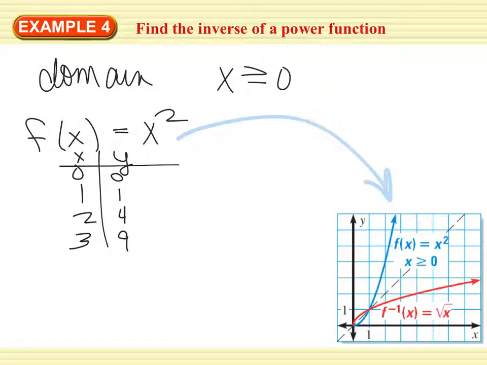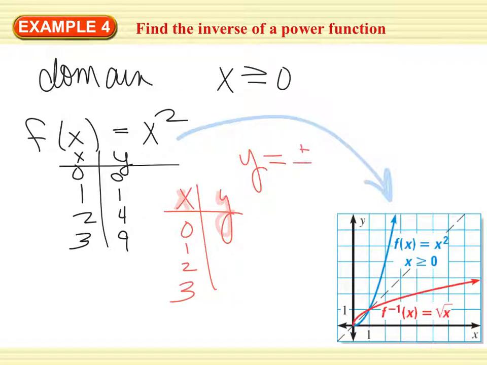Only the positive ones. And then if I do the same thing with 0, 1, 2, and 3, I'm going to plug it into y equals plus or minus the square root of x. We actually only have the positive ones.